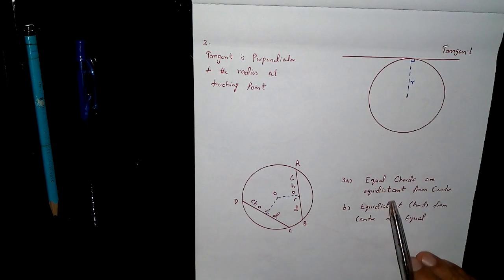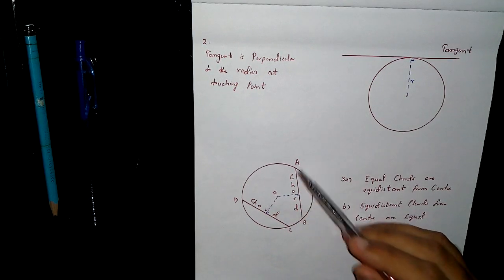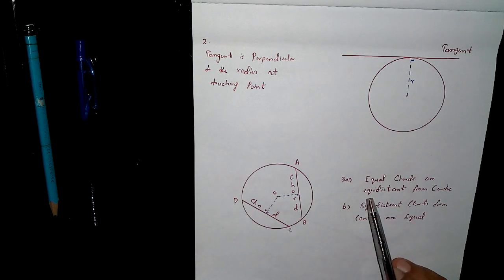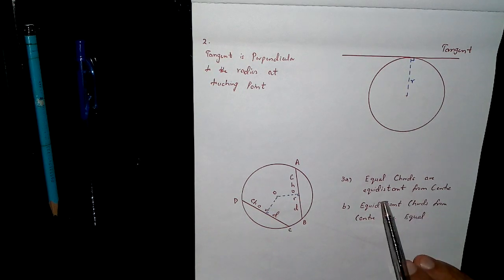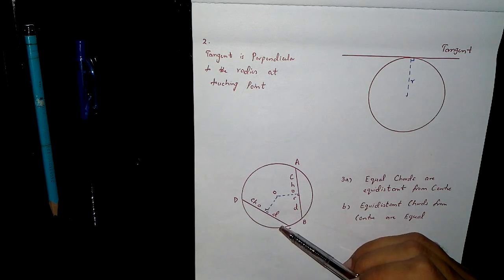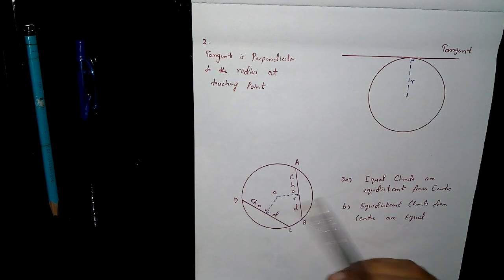Equal chords are equidistant from center. So basically this is the center, this is a chord AB, this is also a chord CD. So there are two properties which are vice versa. Equal chords are equidistant from center. If these two chords are equal, then they must be equidistant.